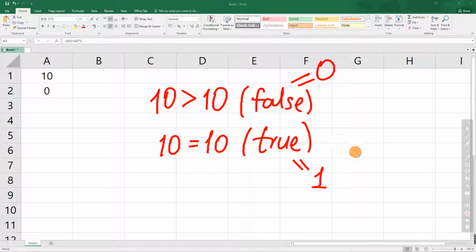I think this is also important. If you modify it now, for instance, instead of 10 you write, let's say, 11, then you will get 1. 1 is true, right? 1 and 0 are binary digits, so they belong to the binary number system.